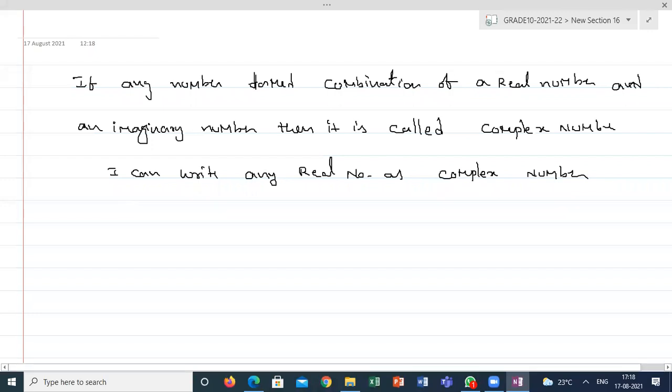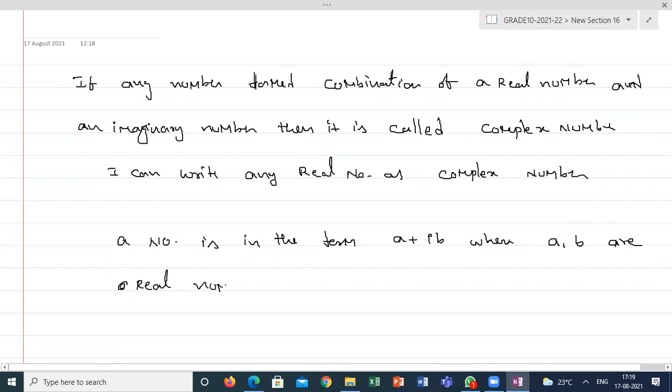That is, if a number is in the form a plus ib, where a, b are real numbers, then a plus ib is defined as a complex number.